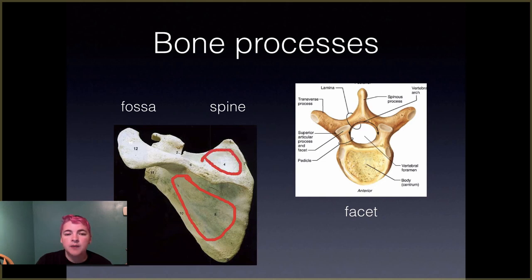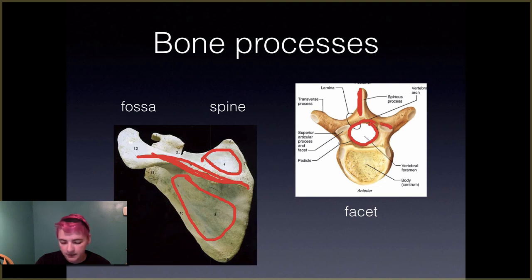This is a spine. It's kind of a slender process that sticks up. This is also a spine here. On this bone, we also have another foramen. This is a foramen here. And then we have facet. A facet would be a kind of small flat depression.